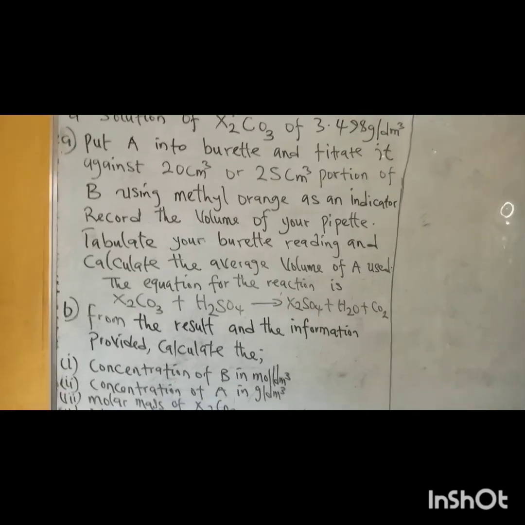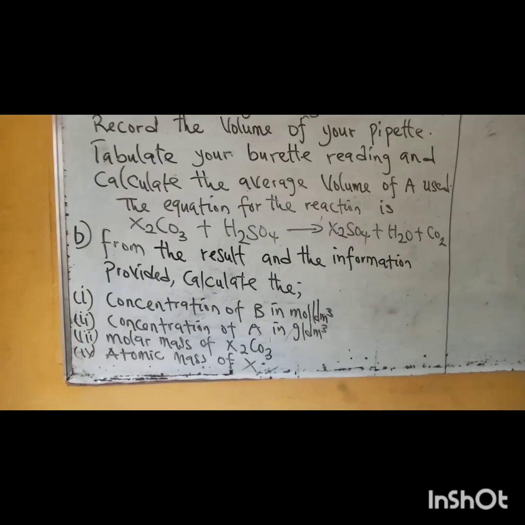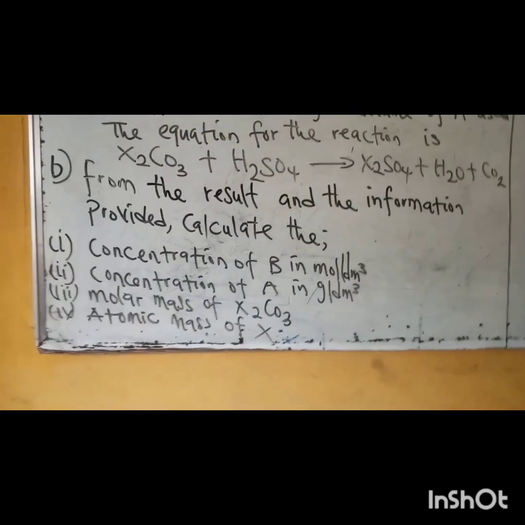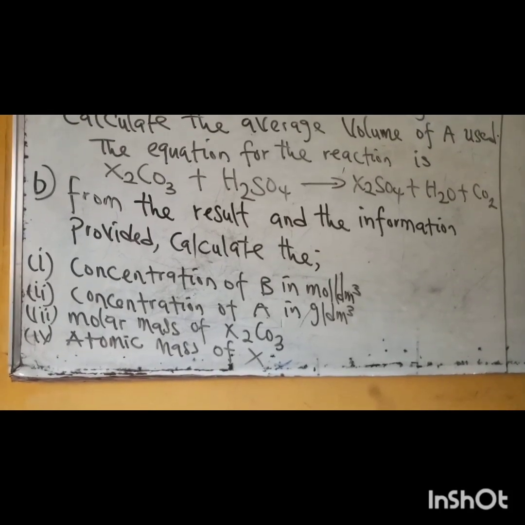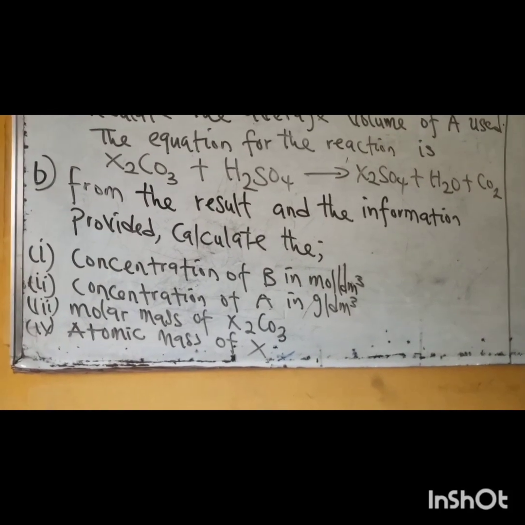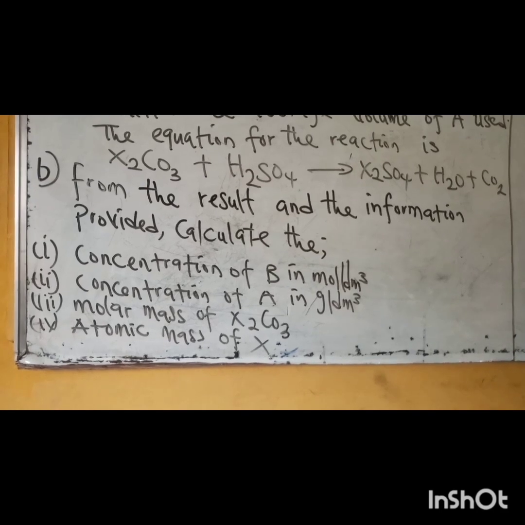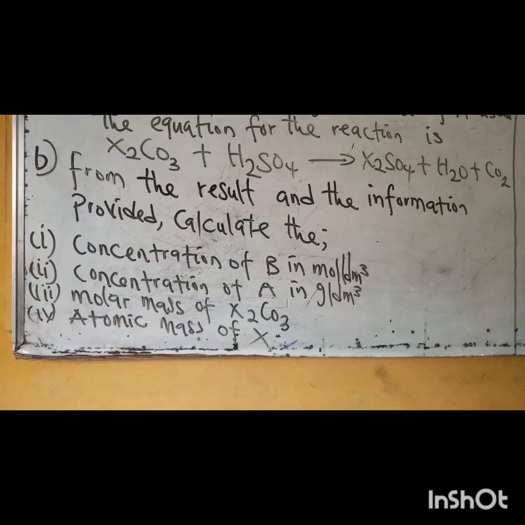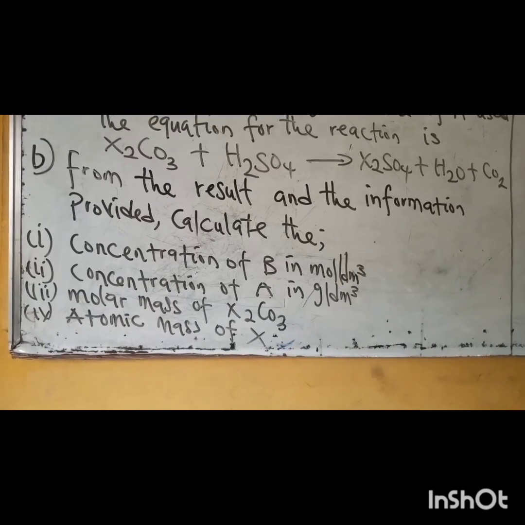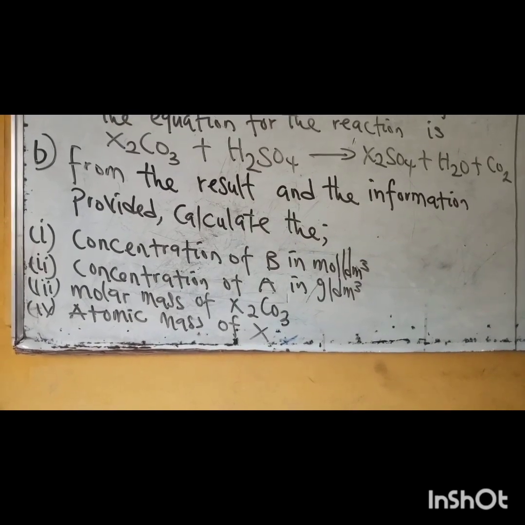Then we have the equation there, and in the calculation what you are being asked to do, number one, is to calculate the concentration of B in moles per dm³. Number two is to calculate the concentration of A in grams per dm³. The third is to calculate the molar mass of X2CO3.